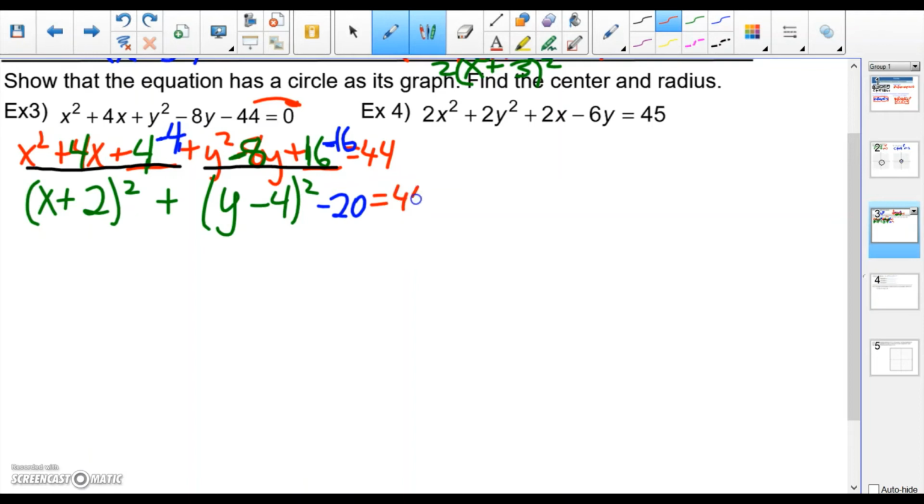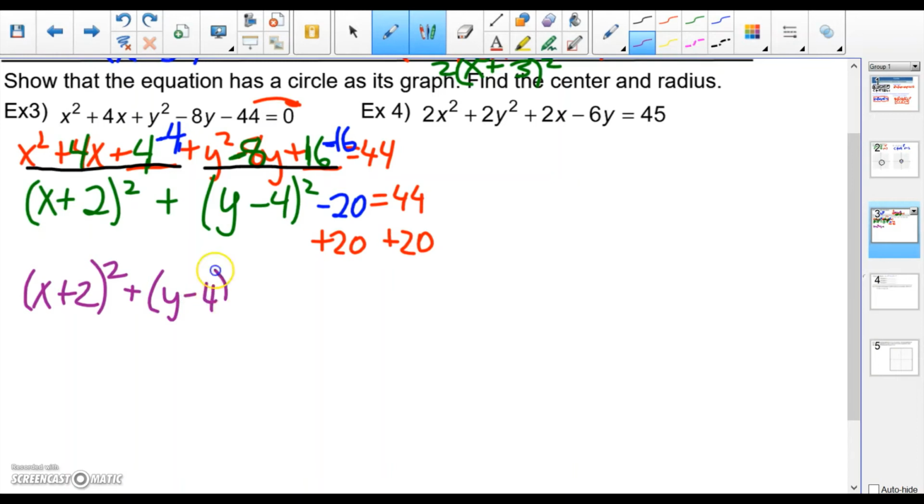equal to your 44. So we want to make that look like center radius form. We're going to add the 20 over there. And now we have x plus 2 squared plus y minus 4 squared equals 64.